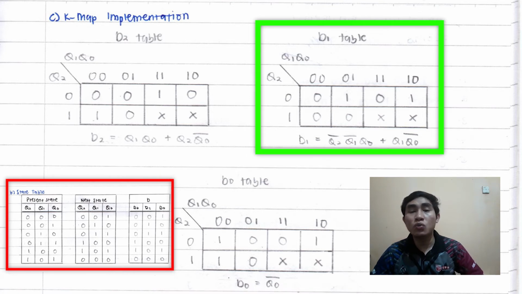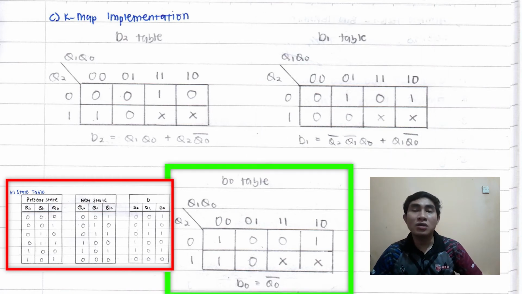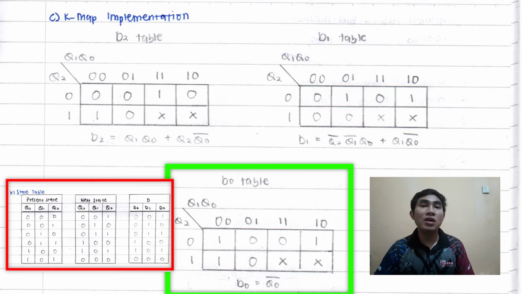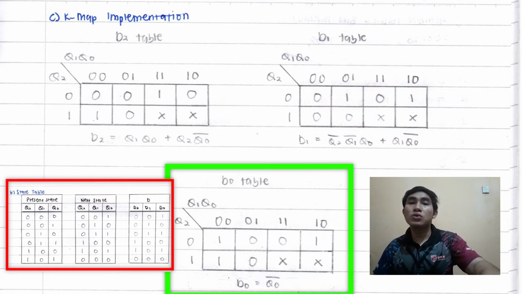So for D1, we will get Q2 bar Q1 bar Q0 plus Q1 Q0 bar. Next, for D0, we will get only Q0 bar.